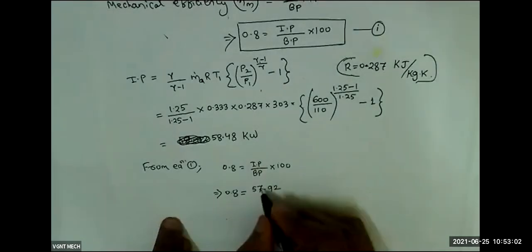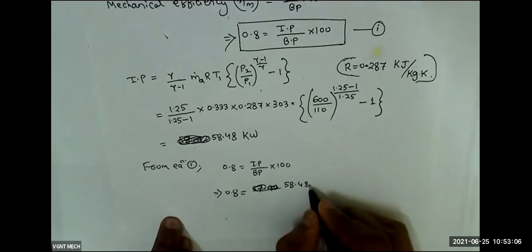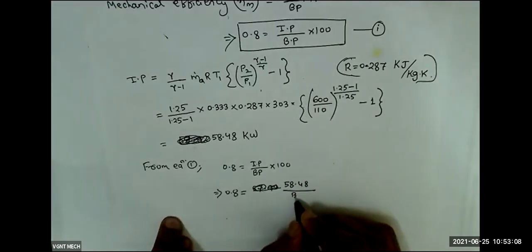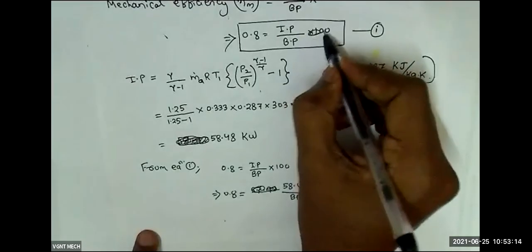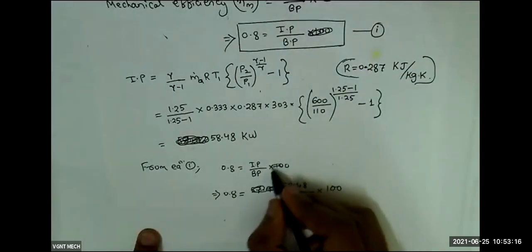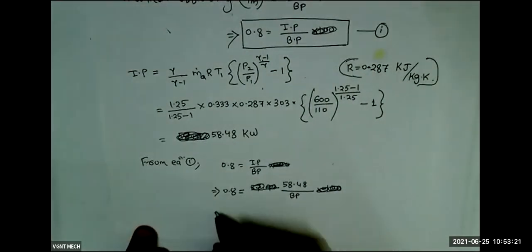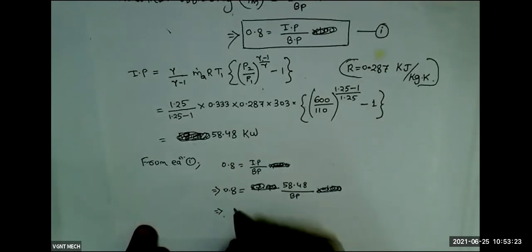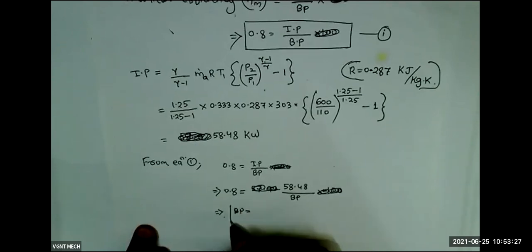If 58.48, we will write 0.8 equal to 58.48 divided by brake power. Sorry, not into 100 here. We should not put 100, because we are already getting it in percentage form. So from this we will directly calculate the brake power.